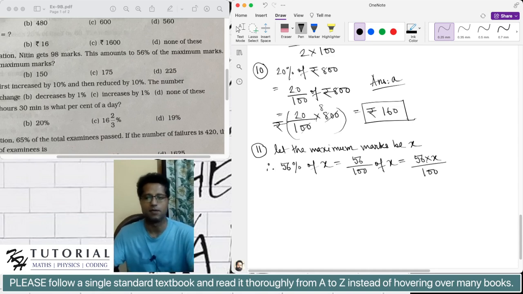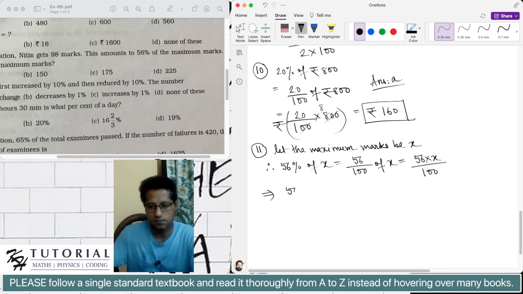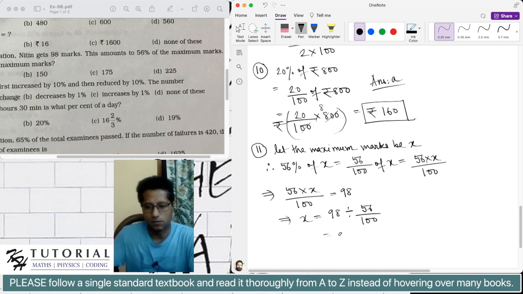This means the marks are 98. So we can say that 56 multiplied by X divided by 100 is equal to 98. So this implies X is equal to 98 divided by 56 by 100. This is equal to 98 multiplied by 100 divided by 56.